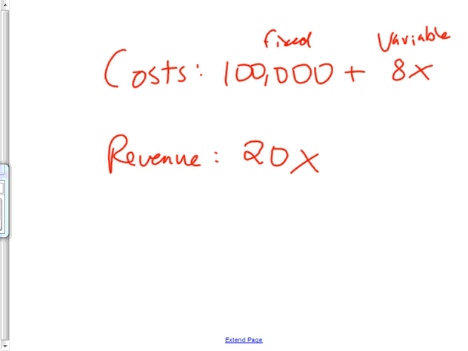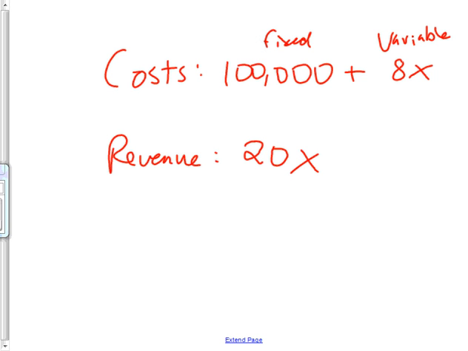Now, can it be more complicated than that? Definitely. A lot of companies have multiple products and they make different amounts on each product. Like we showed you the other day that on a computer, maybe Apple makes more than on an iPad, and they have to add in all these different amounts of revenue for all these different products. We're keeping it really simple. We have one little product we call a widget.